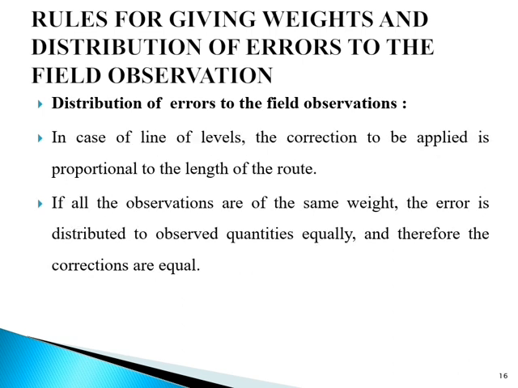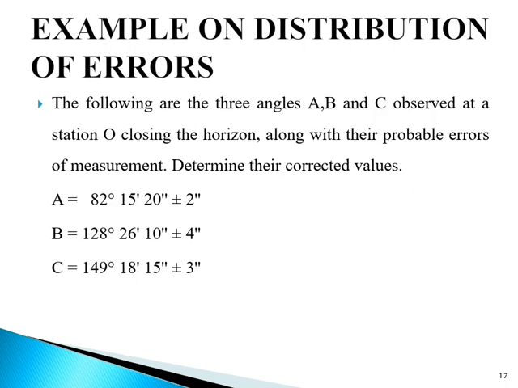In case of line of levels, the correction to be applied is proportional to the length of the route. If all the observations are of the same weight, the error is distributed to observed quantities equally, and therefore the corrections are equal. So let's see some examples on distribution of errors.